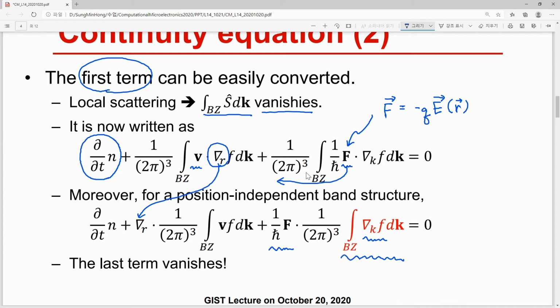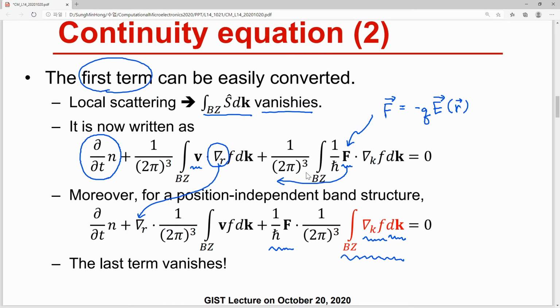However, that is the gradient in momentum space. So, simply speaking, we first take derivatives and then integrate. Then what will happen? As a result of this integration, you will have the values at the zone boundaries.